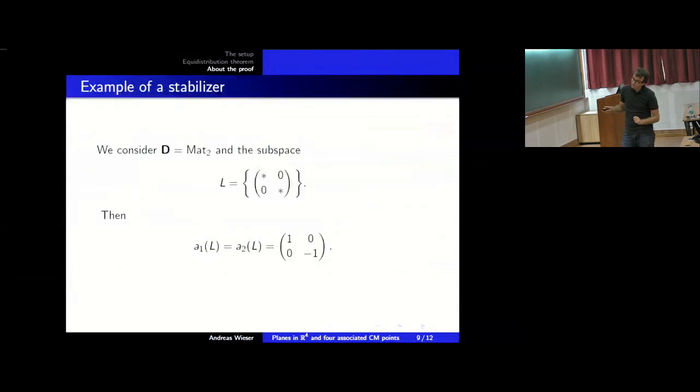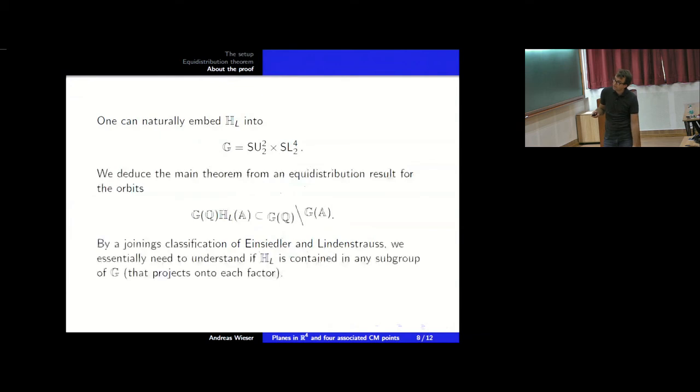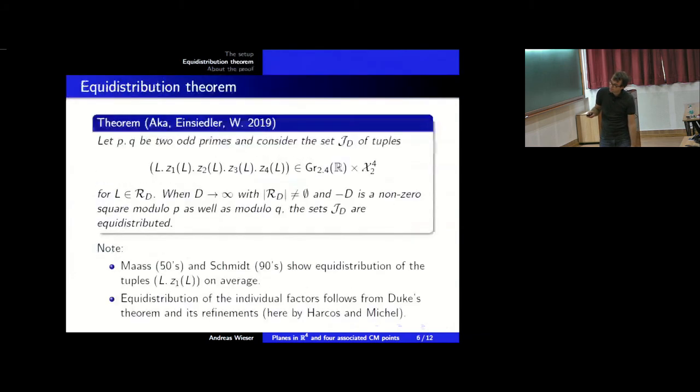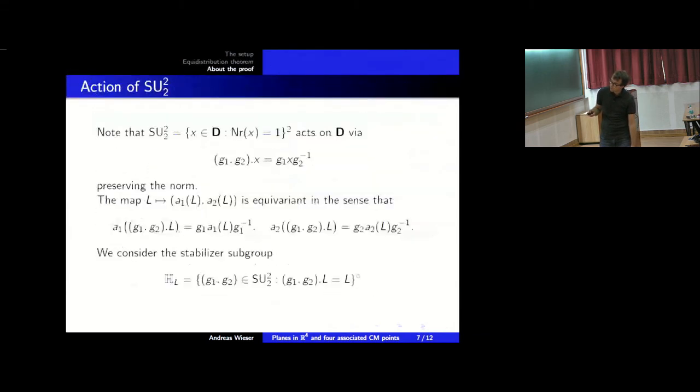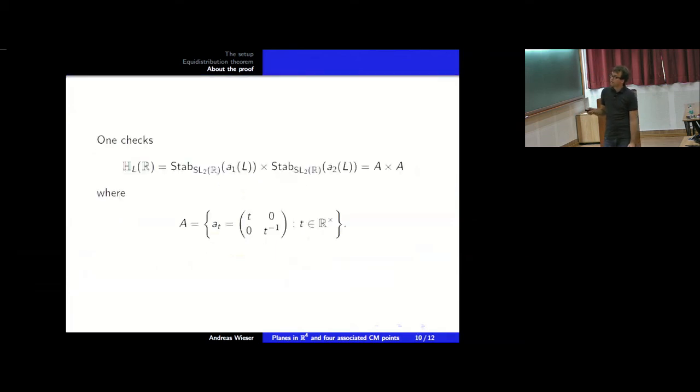And what you get is this, okay? Now, it tells you how you can compute this stabilizer HL, okay? And what you get is just twice the diagonal subgroup, okay? And for here I just used the equivariance properties that we stated earlier, okay?